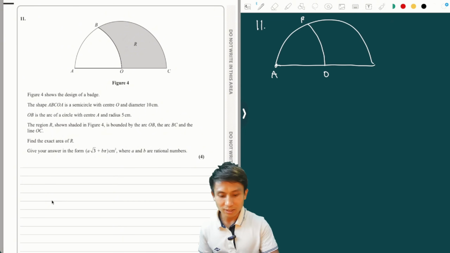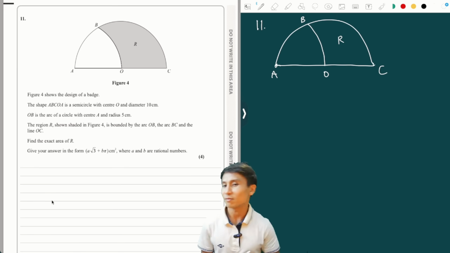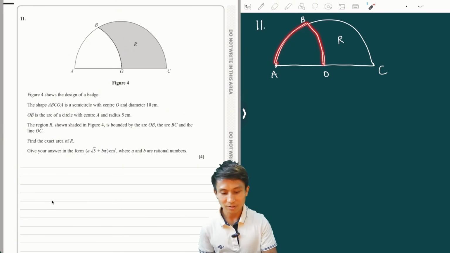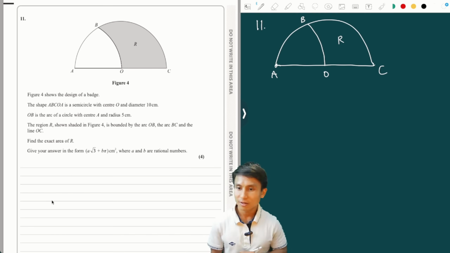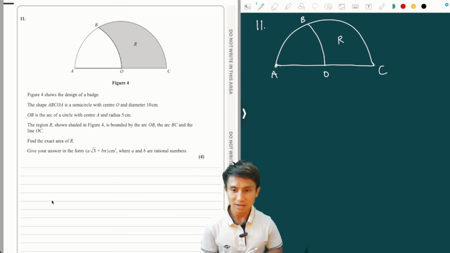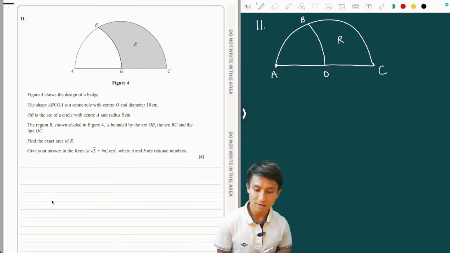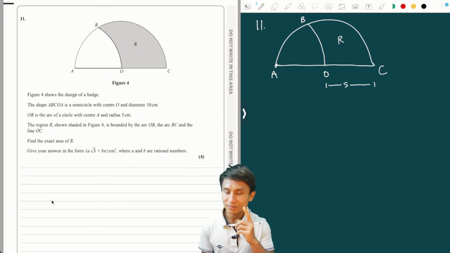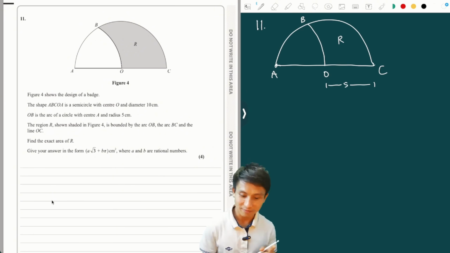This is somewhat classic in terms of geometry here. You have an arc in a circle, and then that forms this kind of shape right here. Classic shape. We want to find R. Give the answer in a root 3 plus b pi. All right. So the radius of circle center O here is 5, and the radius of the circle with center A is also 5.